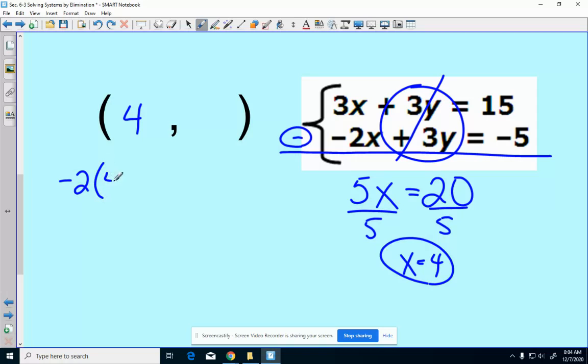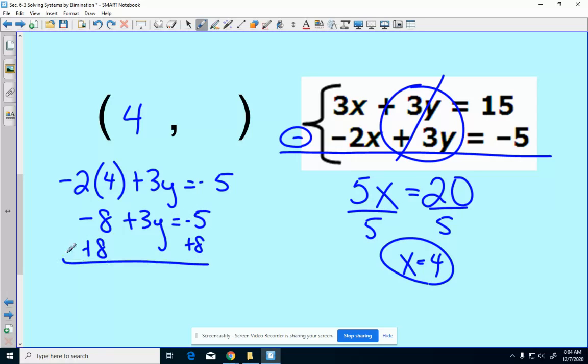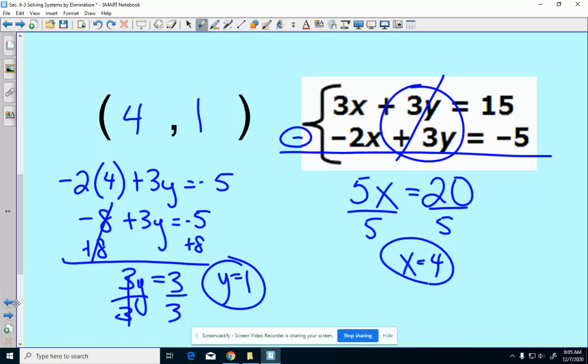So negative 2 times 4 plus 3y equals negative 5. That's negative 8 plus 3y equals negative 5. I will add 8 to both sides. I get 3y is equal to 3. So y is equal to 1.